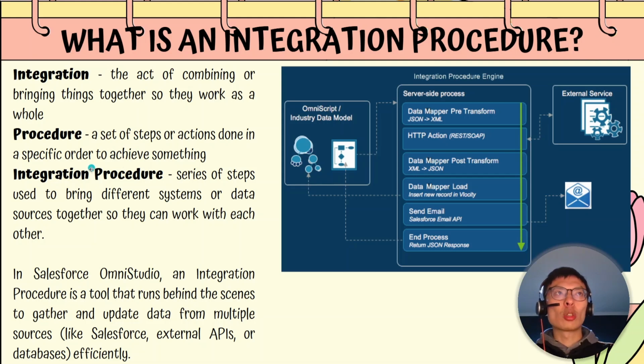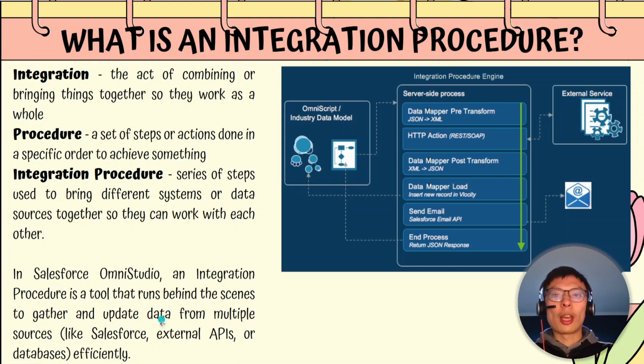Now, putting these two words together, it basically means a set of actions used to bring together systems or data sources so that they can talk to each other and work in sync. In Salesforce OmniStudio, an integration procedure is a server-side process that runs behind the scenes.